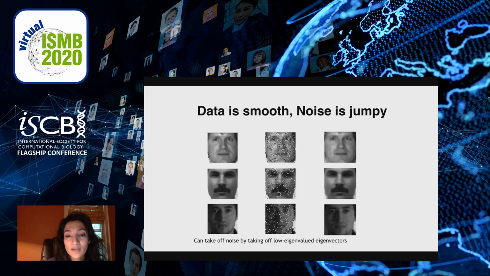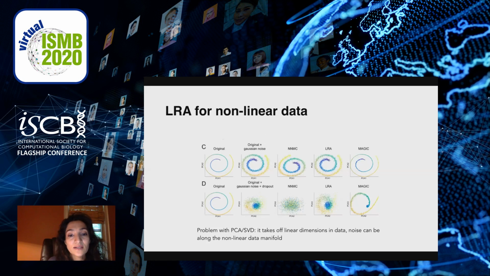So we can think about using the same kind of technique here, except that what's normally used, which are singular vectors and singular values, don't really work well when you have these kinds of coiled dimensions, because if you have noise along the nonlinearity of the intrinsic dimensions, then these linear methods won't take it off.